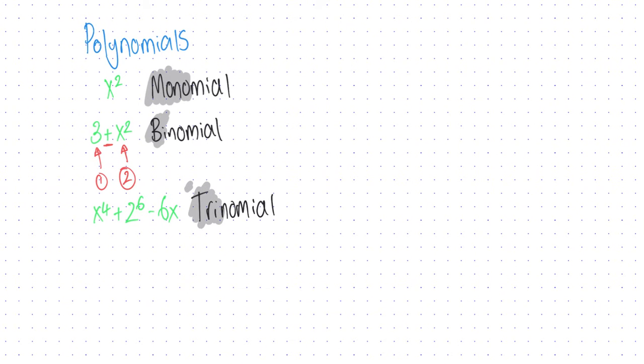So we've got monomials, binomials, trinomials, and this keeps going, but essentially all that you're interested in is that all of these are types of polynomial.